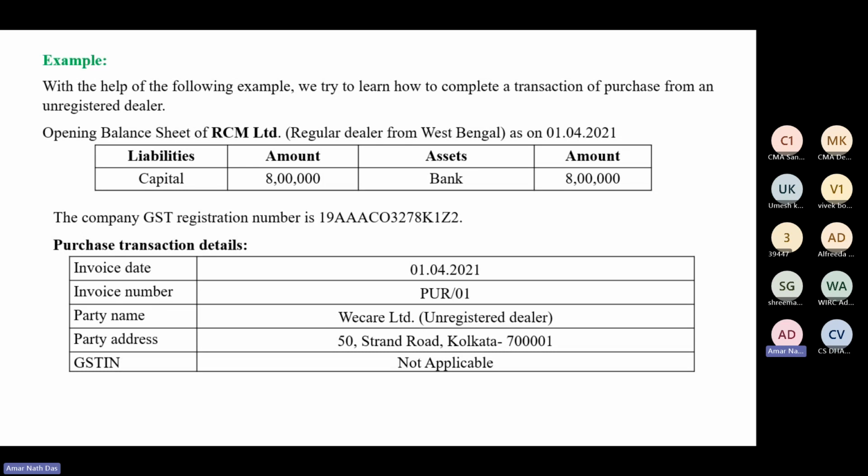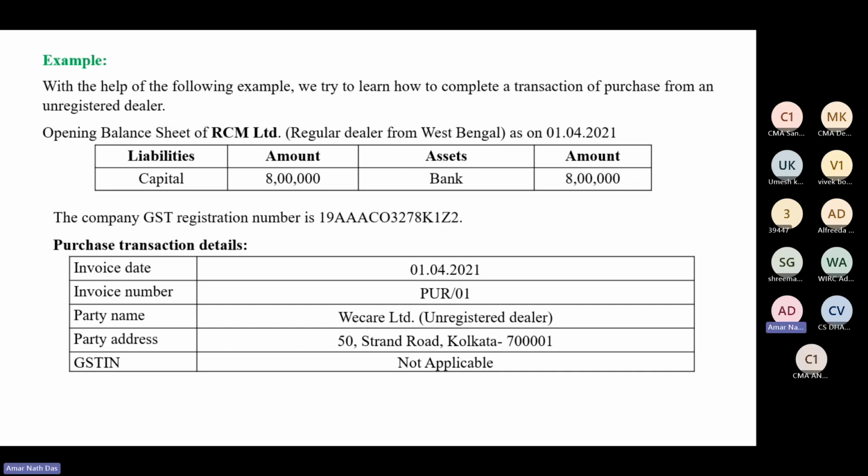This is an imaginary one, and the purchase transaction takes place on 1st April 21. The invoice number is given, and the party's name we consider, as we purchase from this particular unregistered dealer, is VKR Limited, and the party address is given like this.